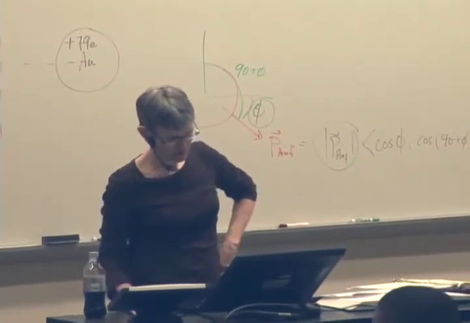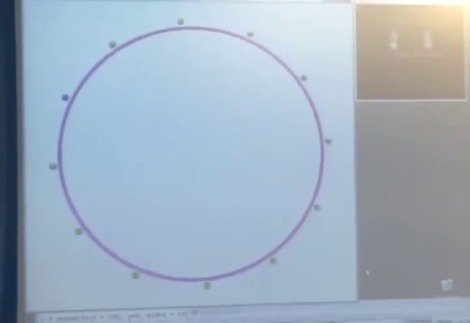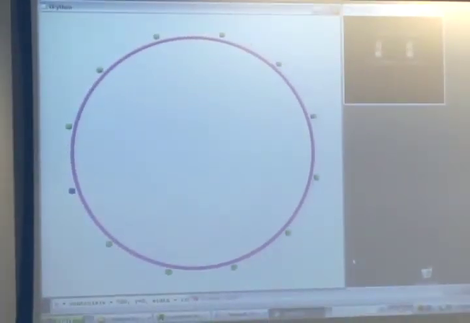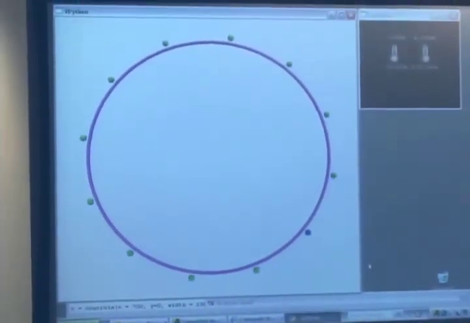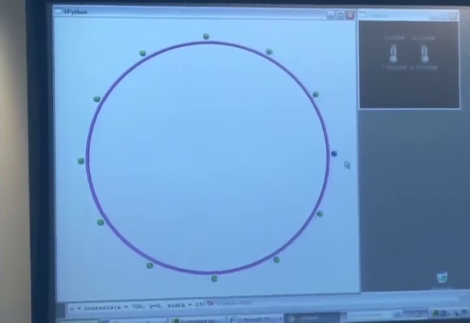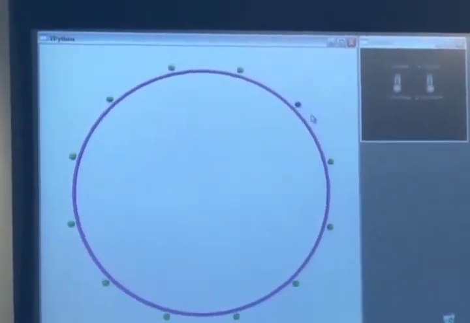Let's consider something going around in a circle at constant speed. Ferris wheel in this case, vertical. So here's this thing going around at constant speed. Let's concentrate on one. We can call this a person riding on a Ferris wheel, the blue dot.